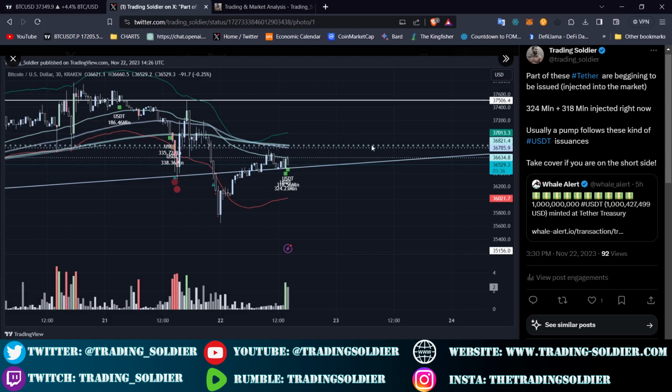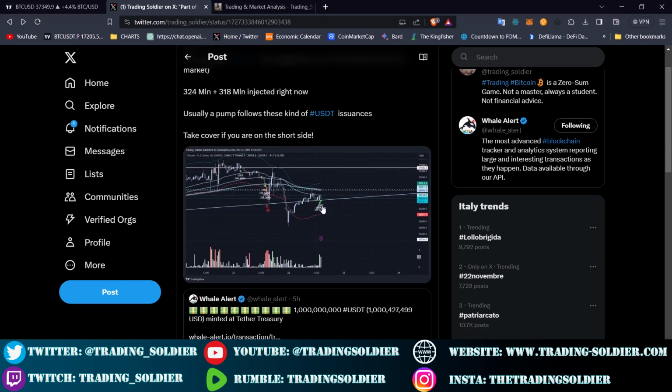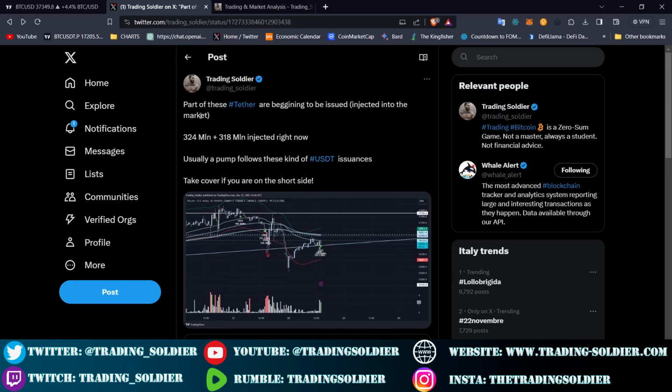In this tweet I said that part of this Tether is beginning to be issued, injected into the market, because if the transaction is authorized but not issued, the liquidity is not injected into the market. But this indicator tells you when the liquidity is injected into the market, so you can expect a pump or a dump depending on where the price action is heading.